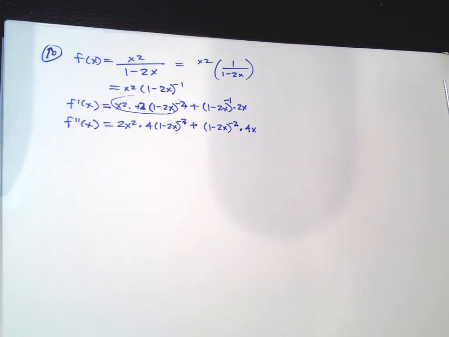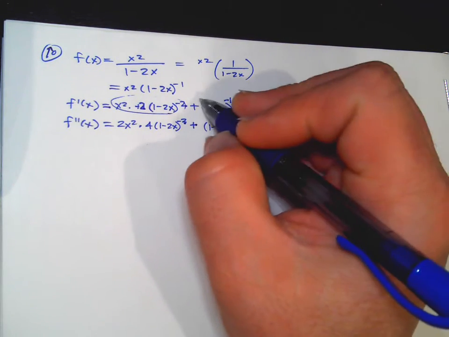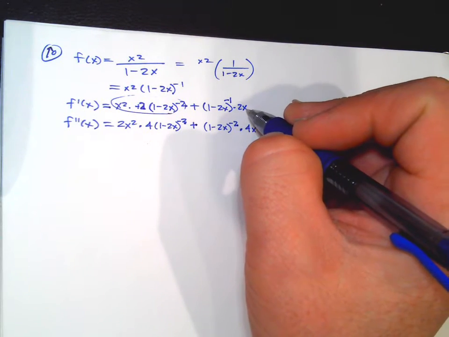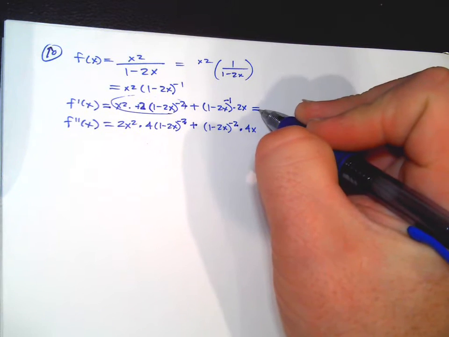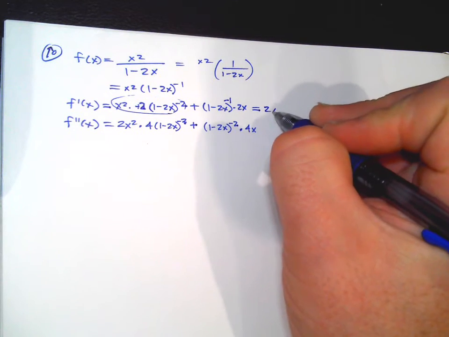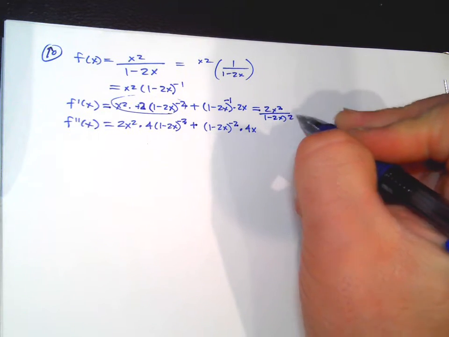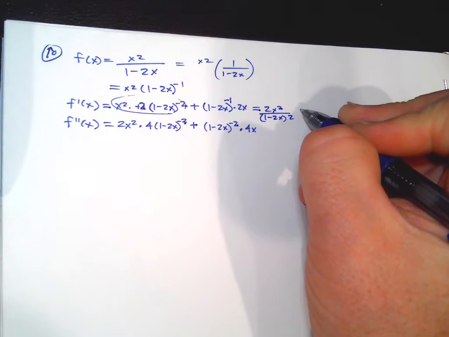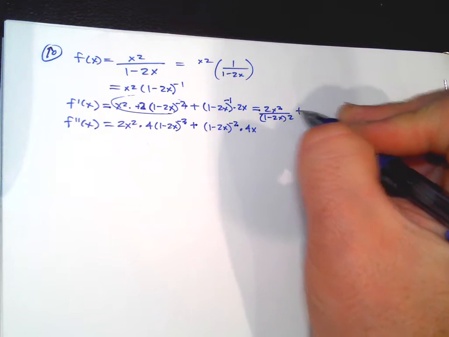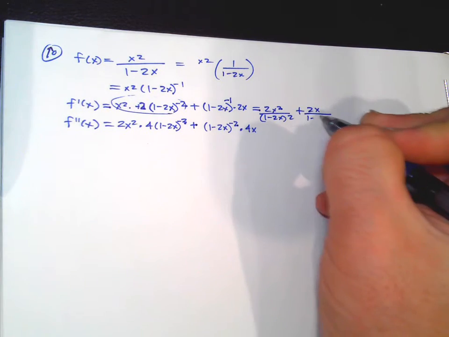Let's just see. Let's keep going. Now, is there any hope of simplifying these? This is 2x squared over 1 minus 2x squared plus 2x over 1 minus 2x.